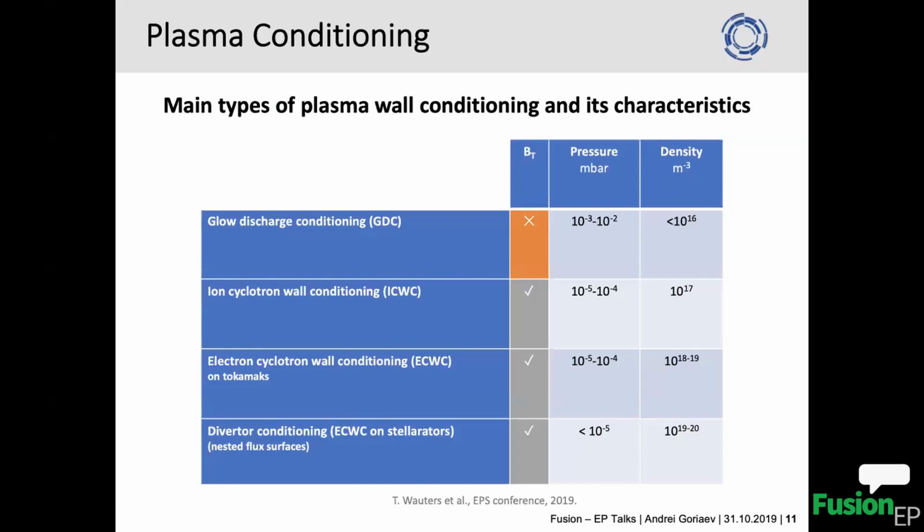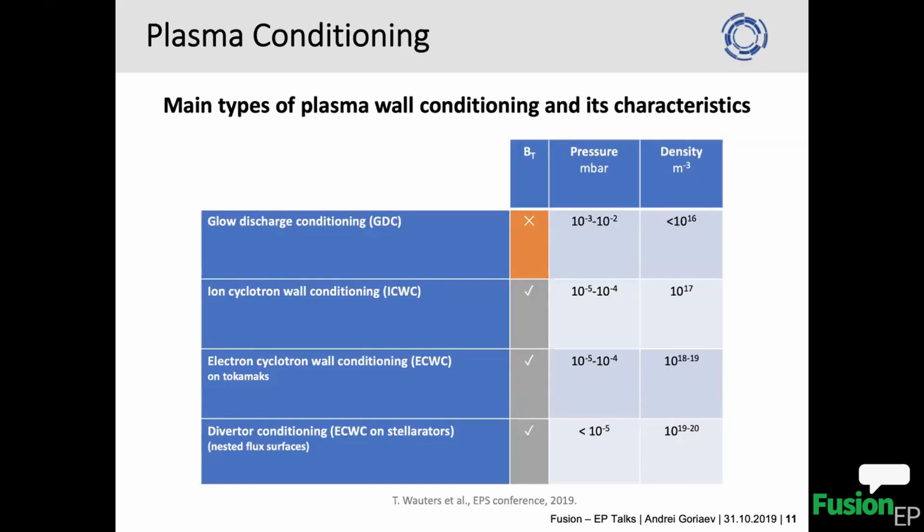First we will start with glow discharge conditioning, which is based on glow discharge cleaning. It's a common tool to use. I will go into details a bit later in the next slides. The point here is that glow discharge cleaning cannot be applied in the presence of a magnetic field.